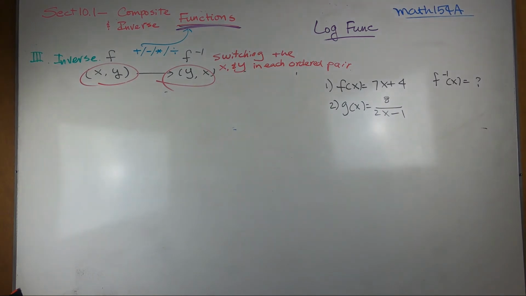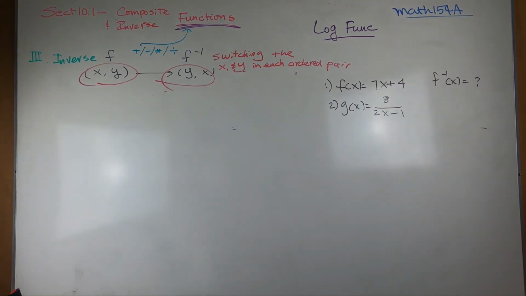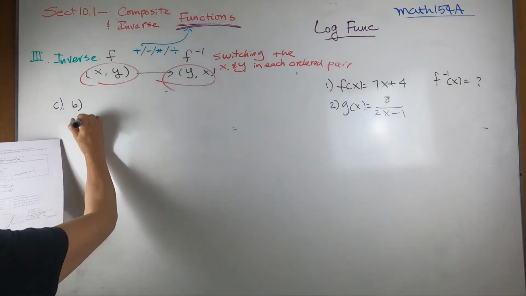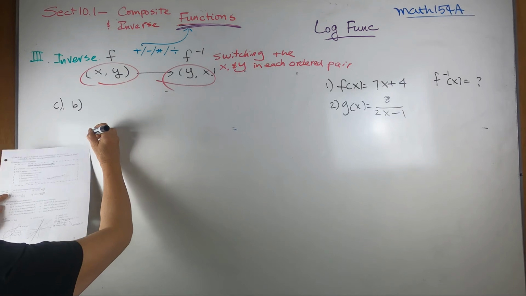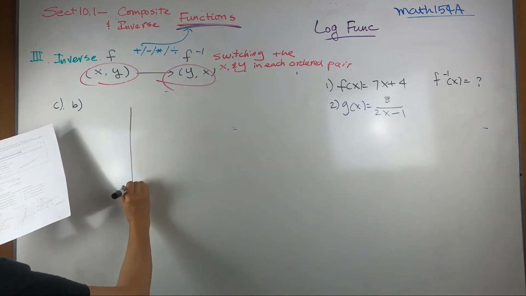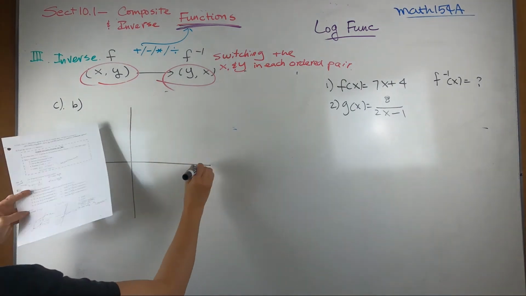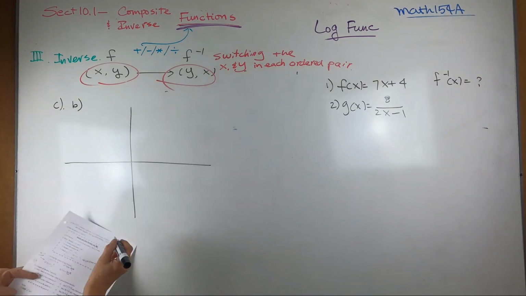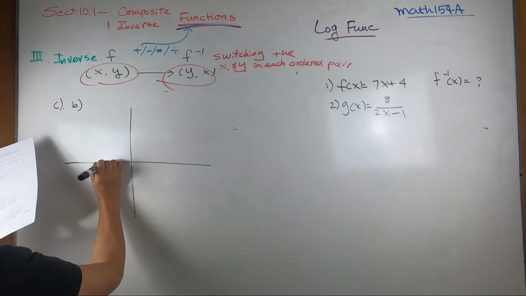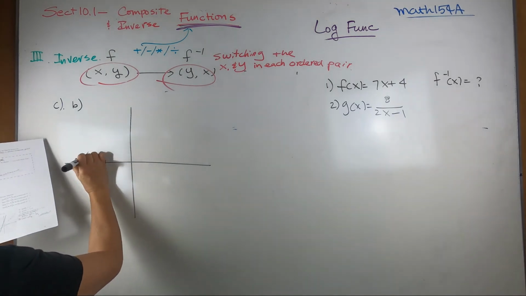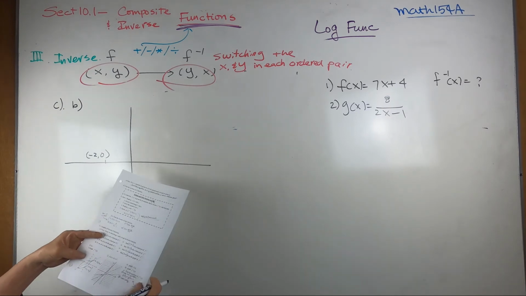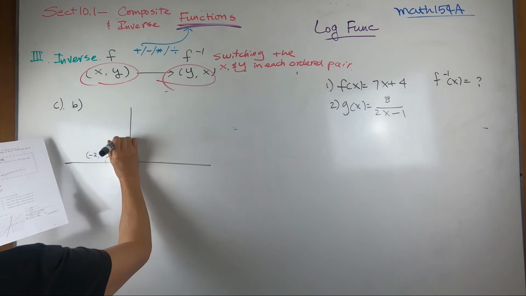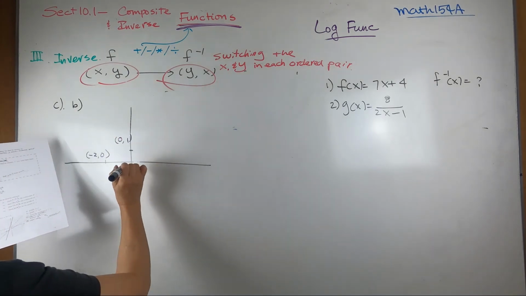Okay? So let's take a look. If you have it this way, okay, let's look at B first. All right, let's just look at the graph. Okay, so if the original graph looks like this, here is negative 2, 0. Cannot see the point. Here is 0 and 1.